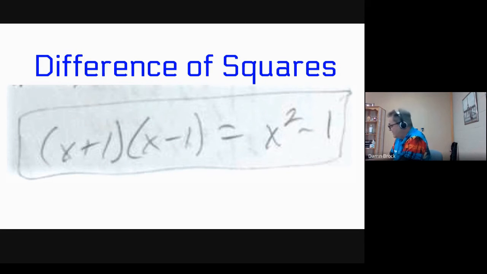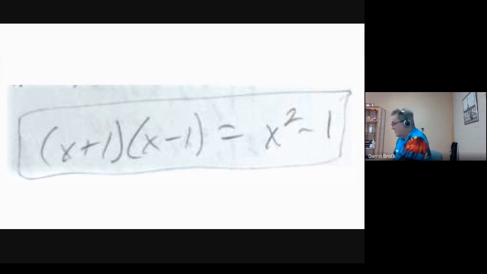If we multiply that together, that's just x squared minus 1. Knowing this property, that the middle term disappears when you have a plus and a minus, works when we talk about complex numbers, because that gives us the opportunity to do something called the complex conjugate.